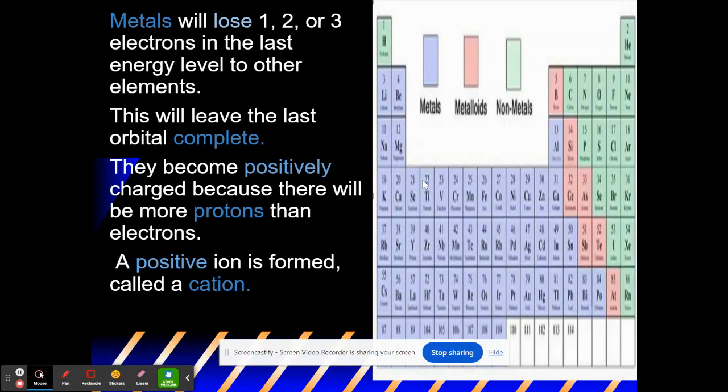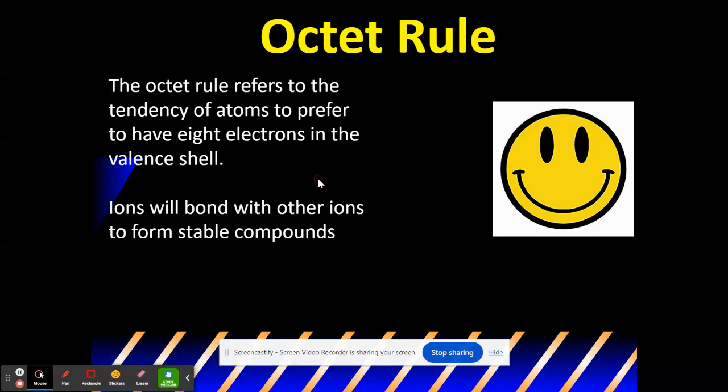Metals on the left-hand side of your periodic table want to lose their electrons on the outermost shell. Then they become positively charged because they have more protons than electrons. Positively charged atoms are called cations because they are positively charged.